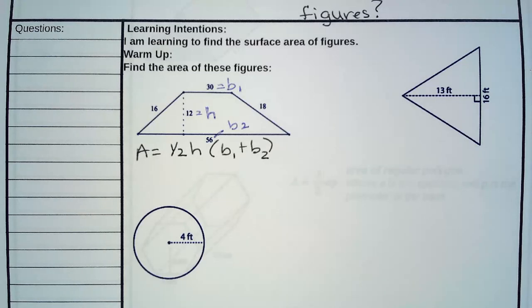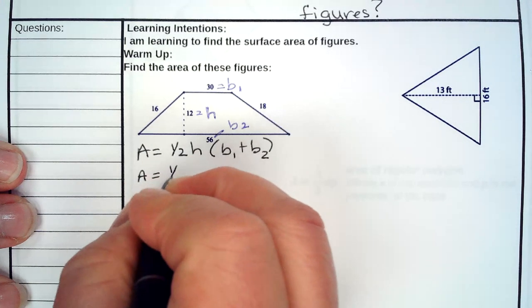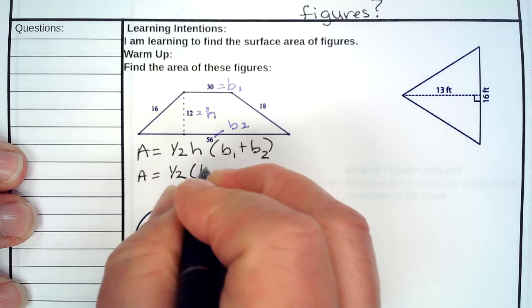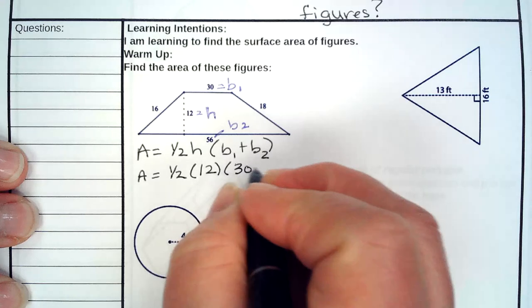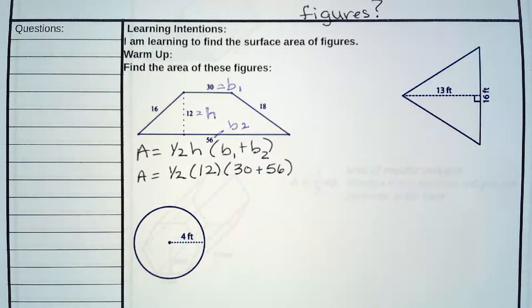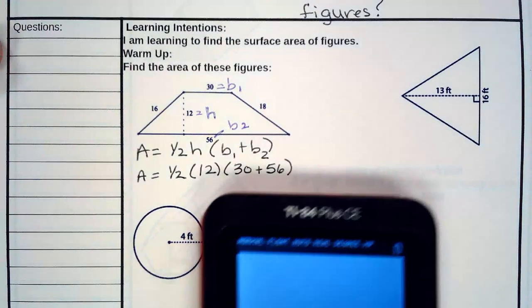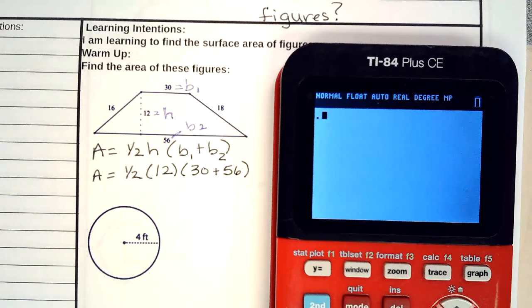So let's put it all together now. Area is 1/2 times 12 times 30 plus 56. Okay, instead of 1/2, I'm going to use 0.5 because 0.5 is the decimal representation.